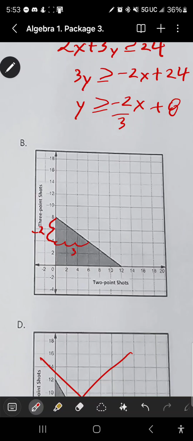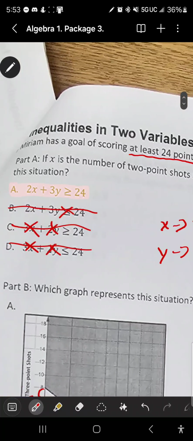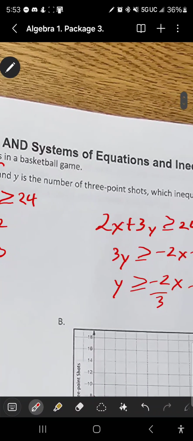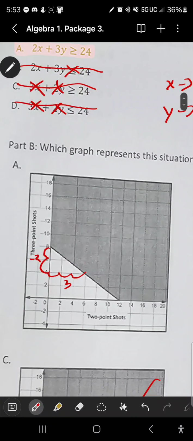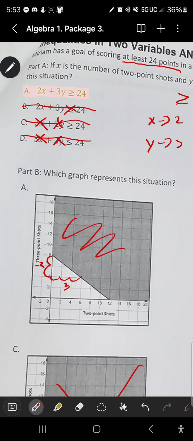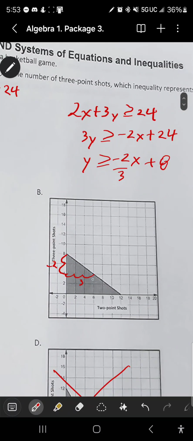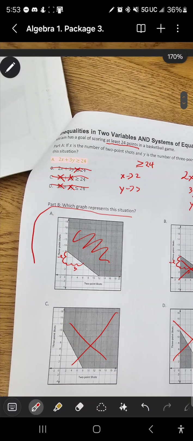Now, the only difference is that we need at least 24 points, so it needs to be greater than or equal. The only one that shows greater values is this one, because this one only shows lesser values that we don't need. So A is our answer.